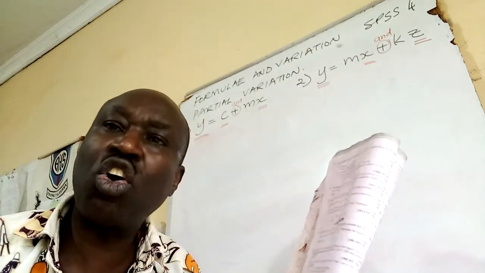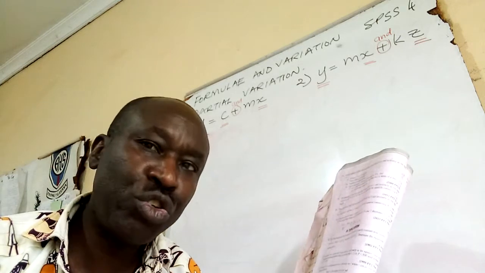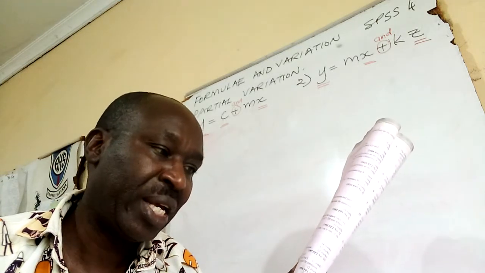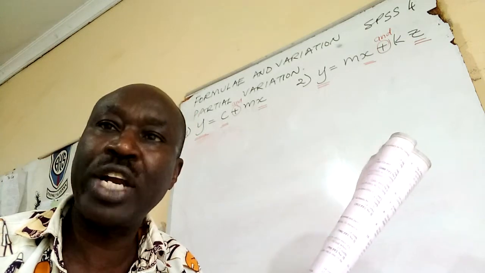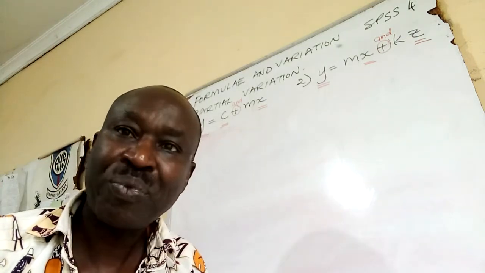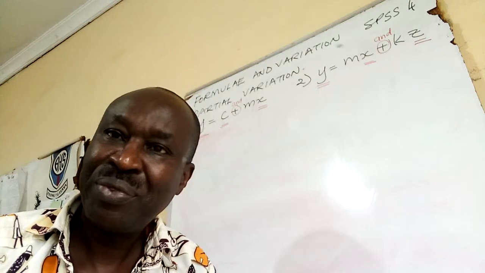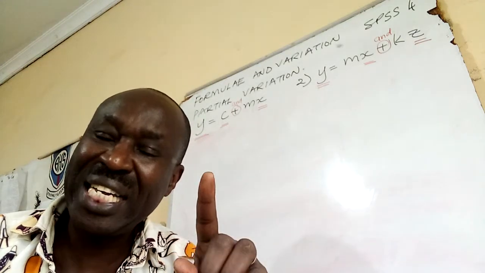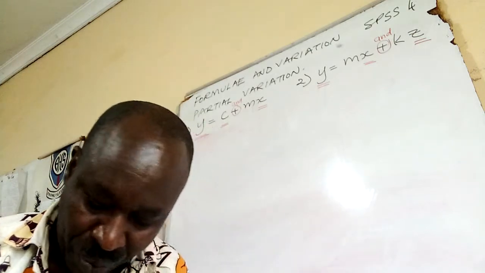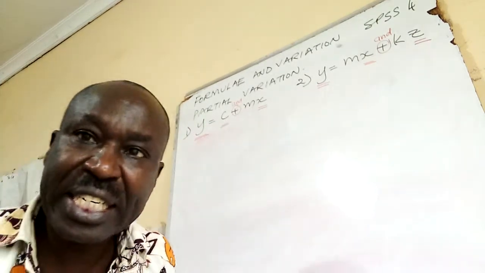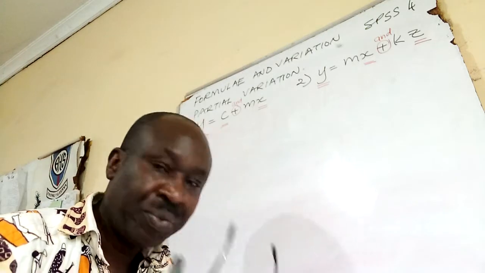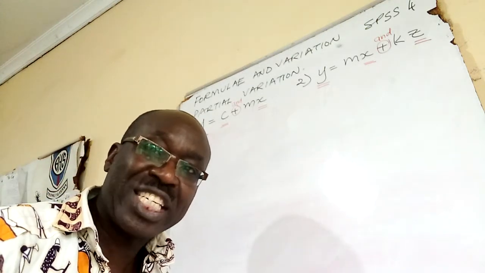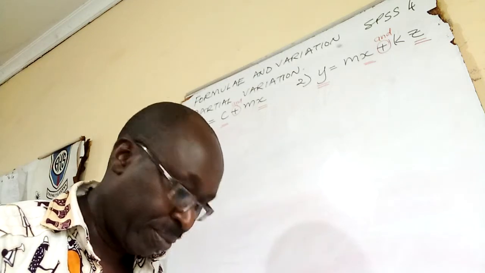A, using constants A and B, write down the equation connecting T and S. First question is, we need to write the equation connecting T and S. Now, you have been told to use constants A and B.